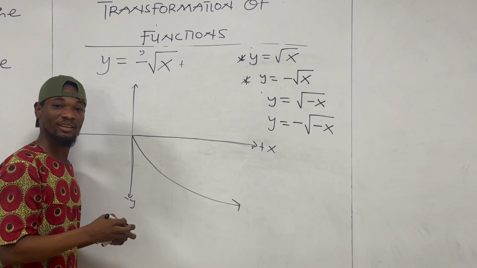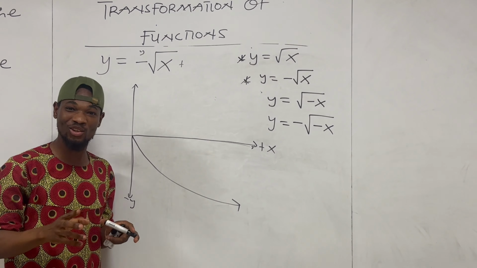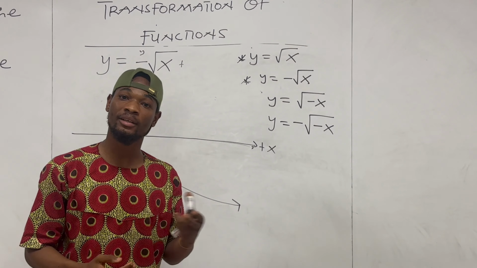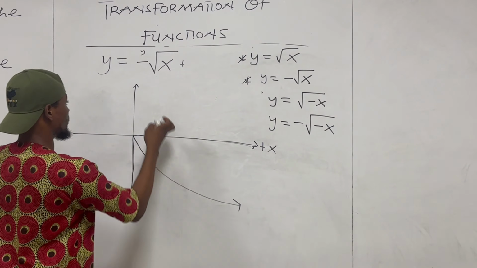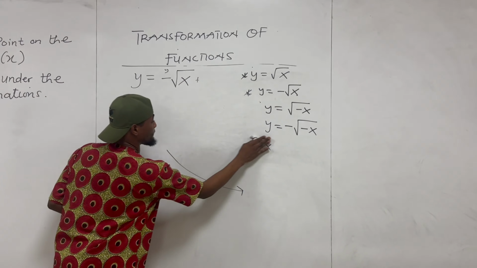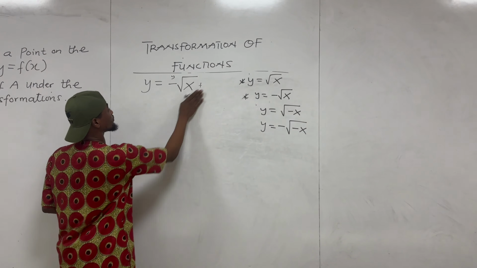Let's consider the third one. Again, you don't have to memorize. Just use the tricks. Given that y equals square root of negative x, how do we graph this?